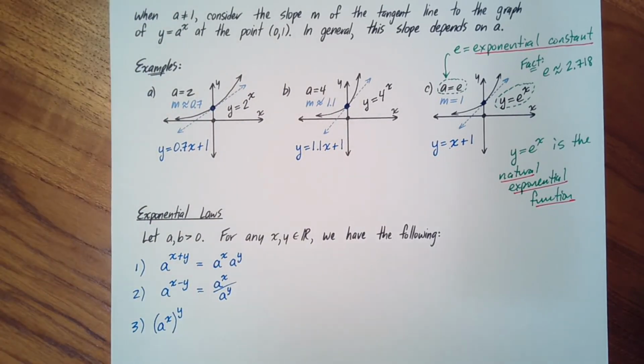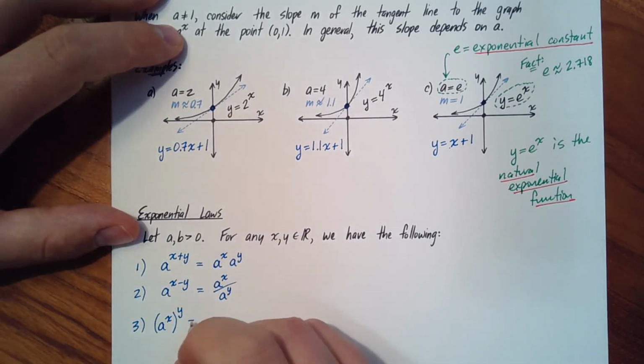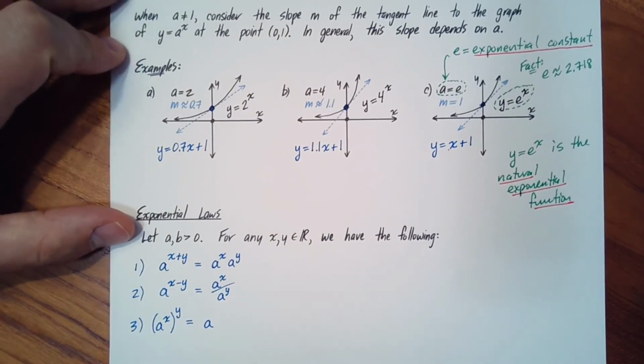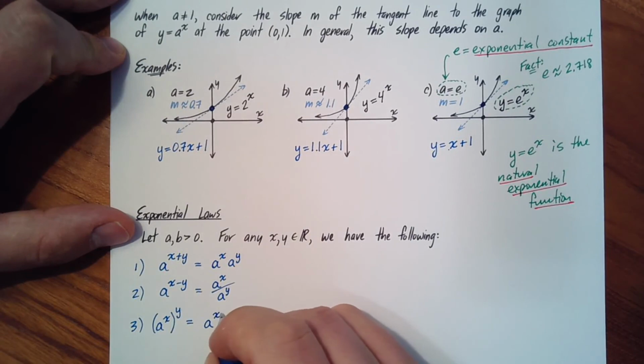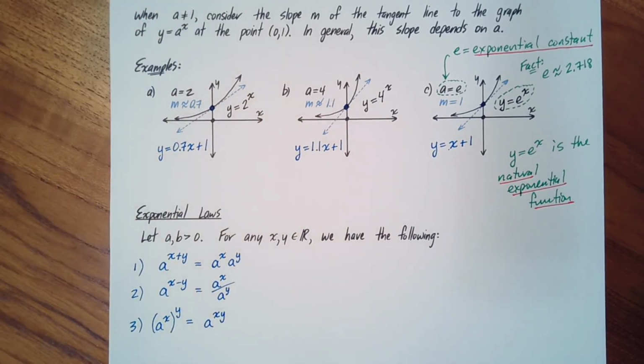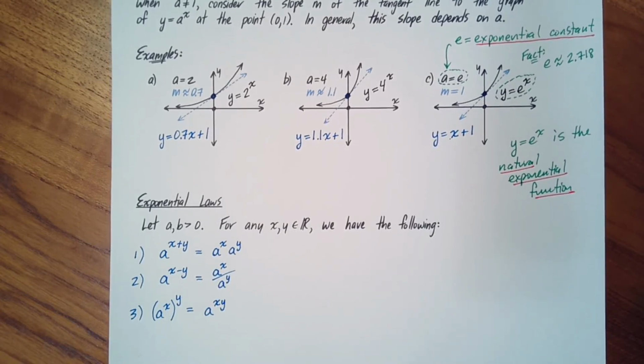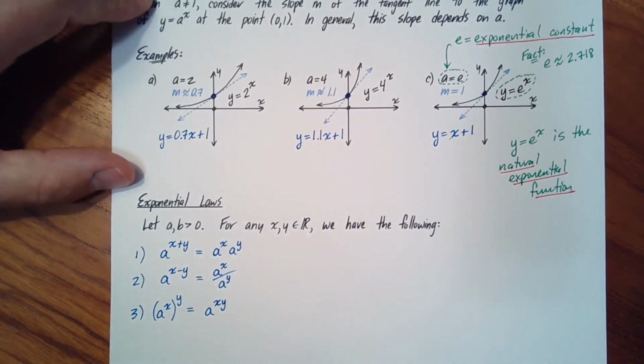First raise a to the power of x, then whatever the result is, raise that to the power of y. It turns out you can evaluate this by just doing a single power, where your exponent is the product of these two numbers, x and y. So you multiply x and y first, and then raise a to that power. That's the third property, and that law says that you can do that. So that's how you handle nested exponents.